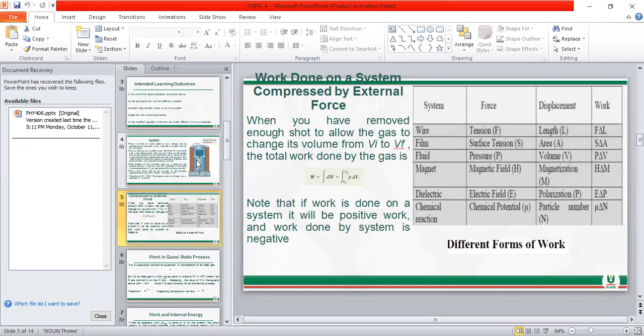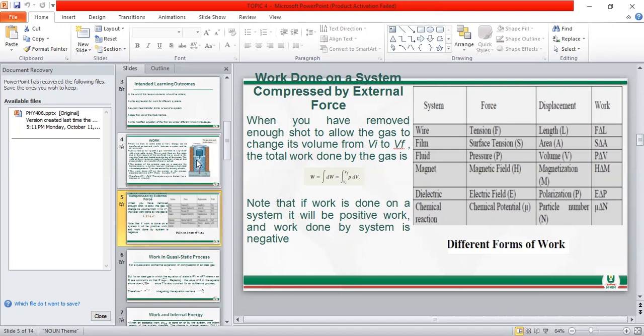The tension there is a form of force. The displacement is the L. So the work done is force times change in what? Change in length. So also we look at a film. A film, the force there is surface tension. And the displacement is what? Area. So surface tension multiplied by the area.